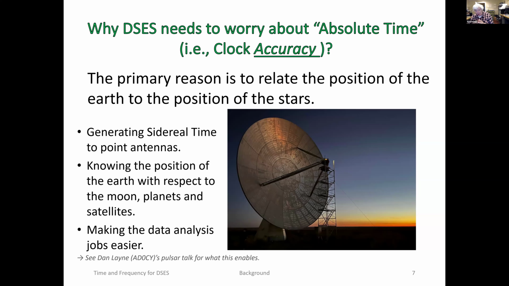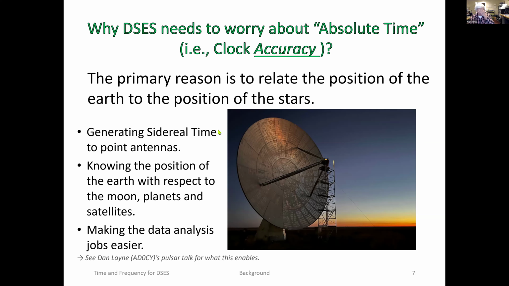It's one thing to say you've got a highly precise steering mechanism, but if your clock is wrong, you'll still point in the wrong place. We need sidereal time to point antennas. But that's okay.